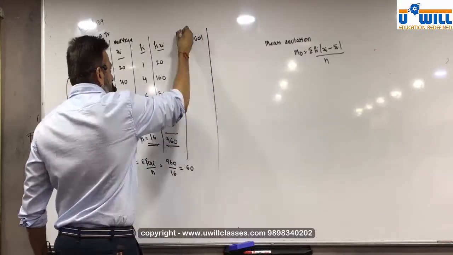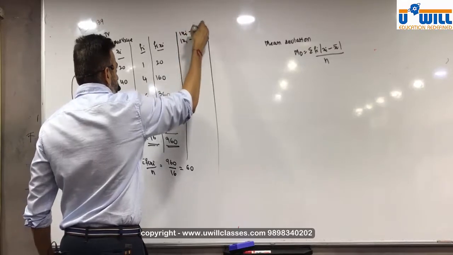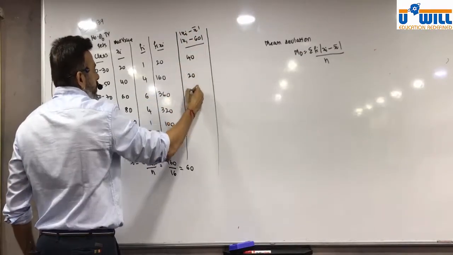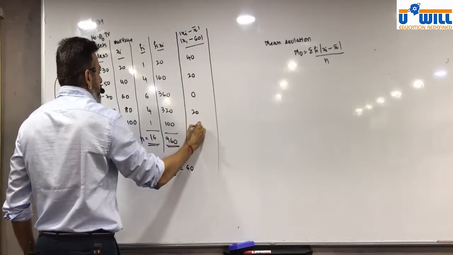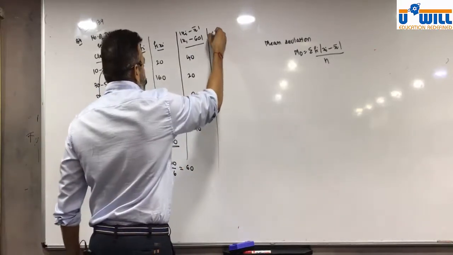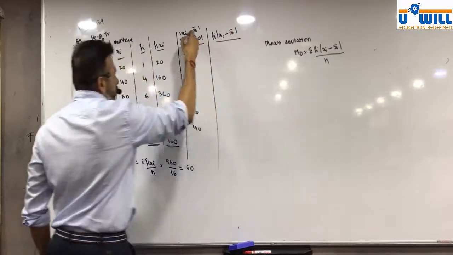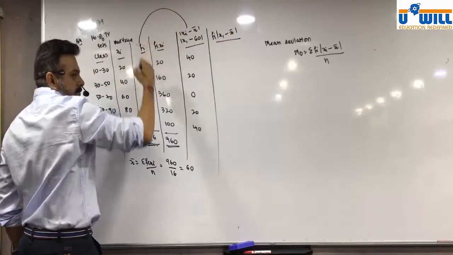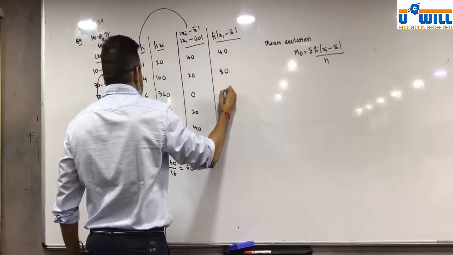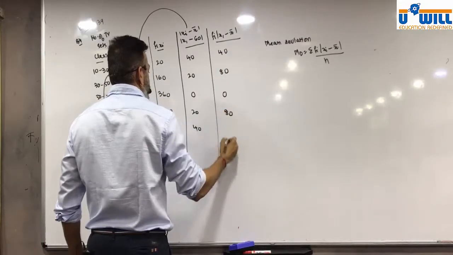Modulus xi minus x bar: 40, 20, 0, 20, 40. Now fi into modulus xi minus x bar. So it will be this into this: 40, 80, 0, 80, 40.